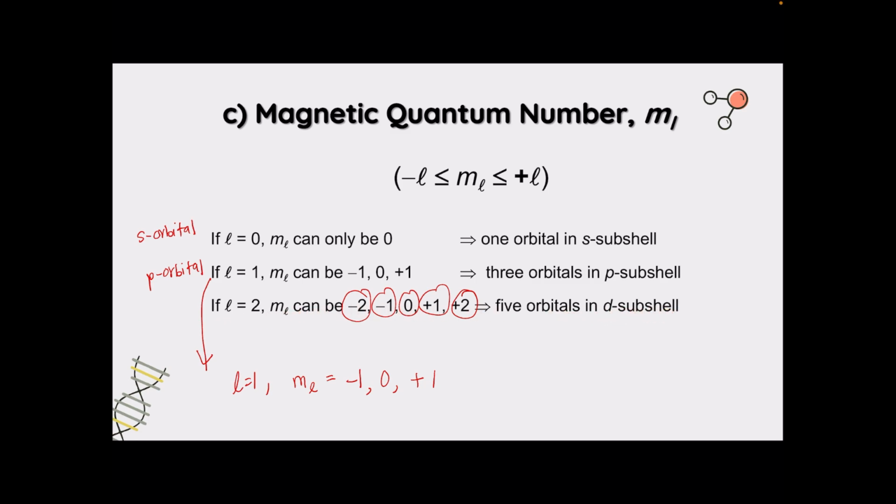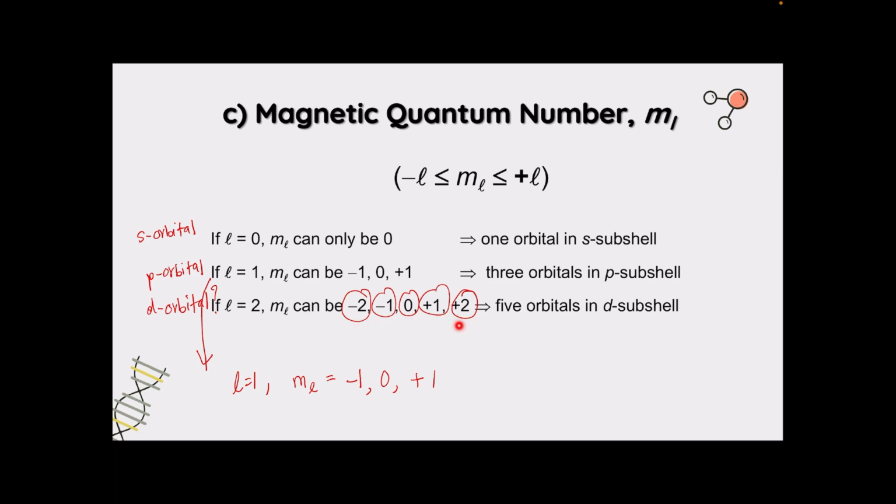So when L equals to 2, this is referring to the d orbitals. So do we have divisions of places in the d orbital? The answer is yes. Why? Because if L equals to 2, ML will take the value from -2 until +2. And how many numbers are associated in this range? We have 5 numbers over here.